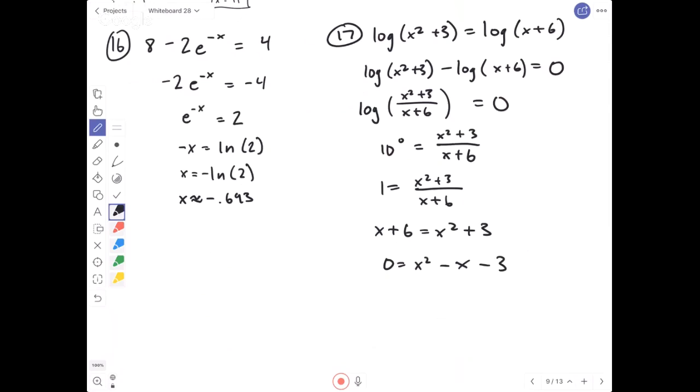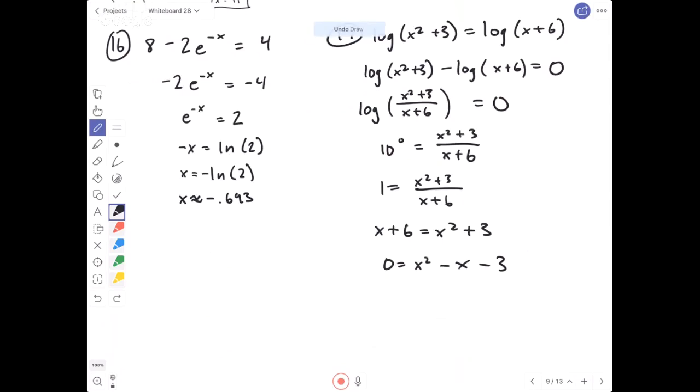Ooh, is that going to factor? Let's see. x minus, x minus 3. Does not look like it factors. Dang. So that means I need the quadratic formula. You will not have any problems that require the quadratic formula on your exam.